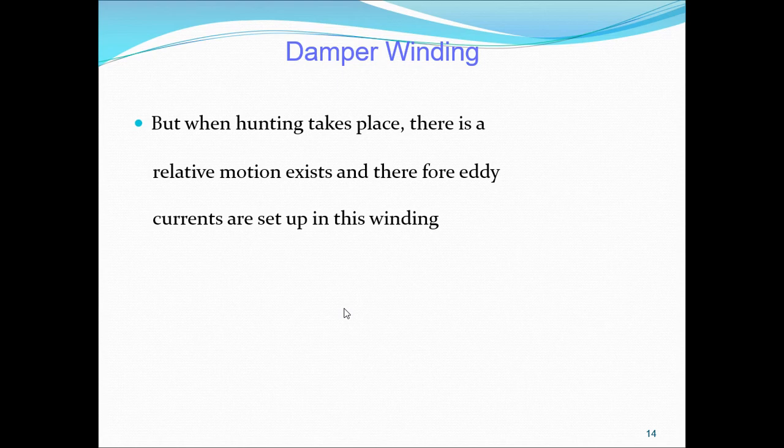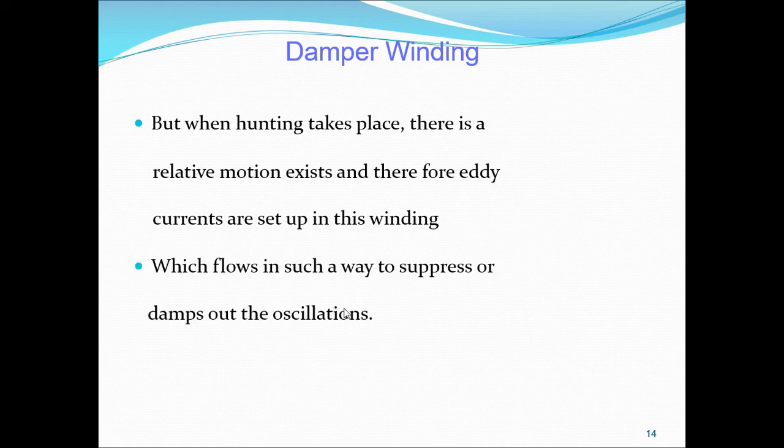So when hunting takes place, there is a relative motion, and therefore eddy currents are set up in this winding, which flows in such a way to suppress or damp out the oscillation. Understood this one?